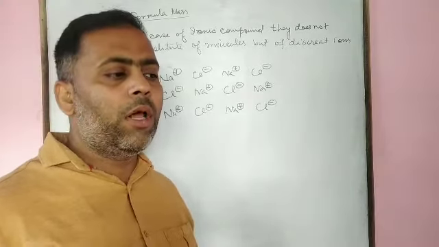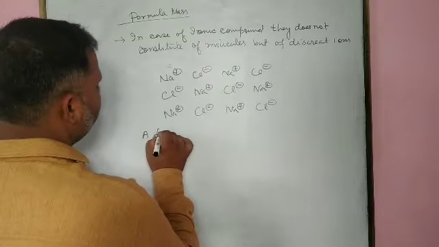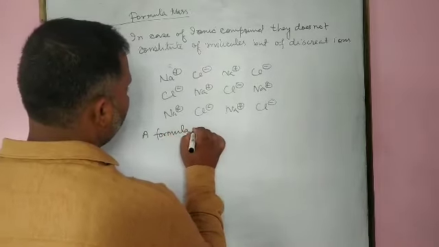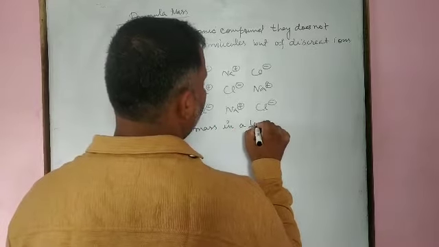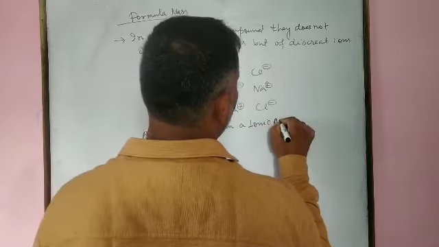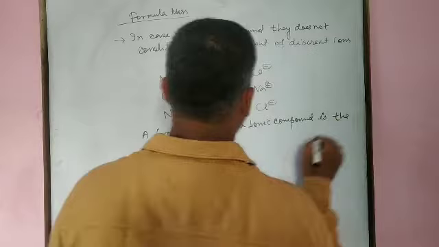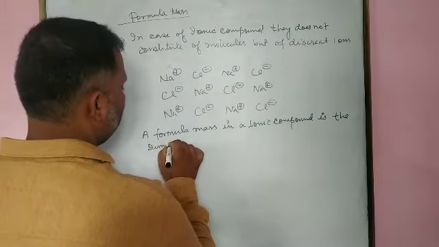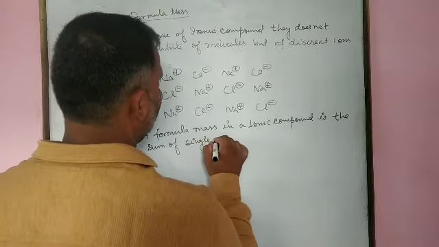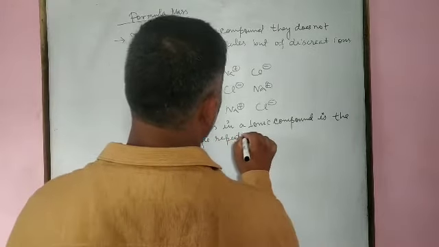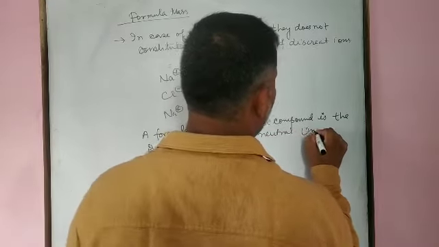What do you mean by formula mass? A formula mass in an ionic compound is the sum of the masses of a single repeating neutral unit.